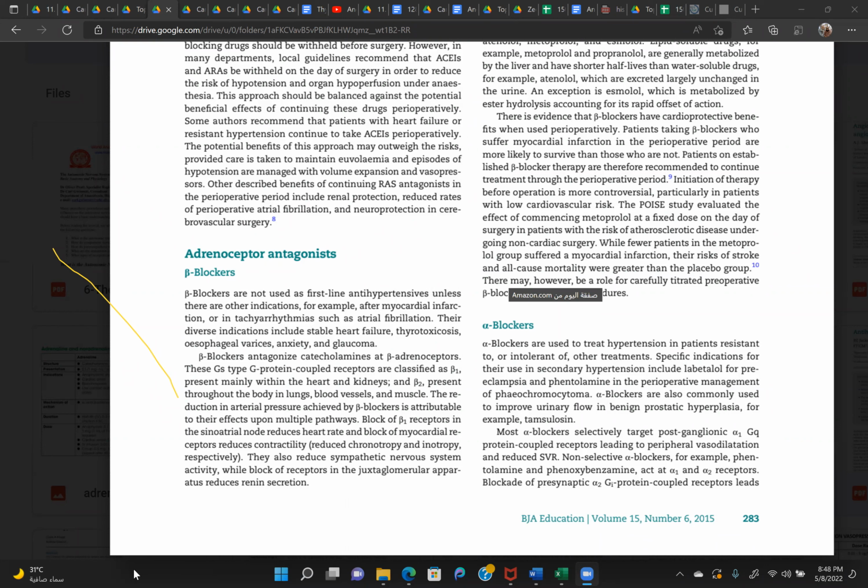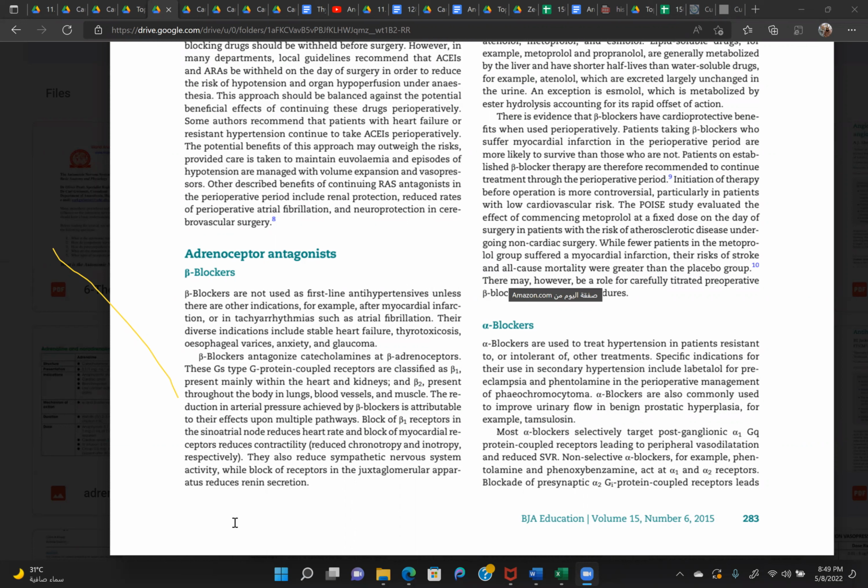They can increase the blood pressure, but they can reduce it as well, because they are affecting the blood vessels of the muscles.